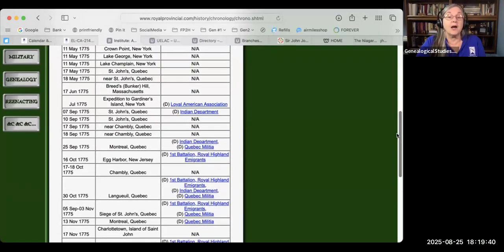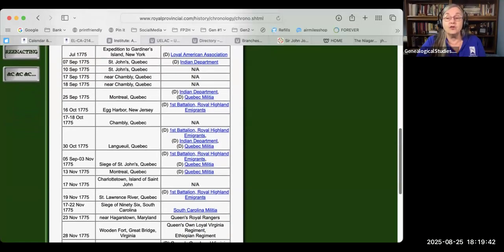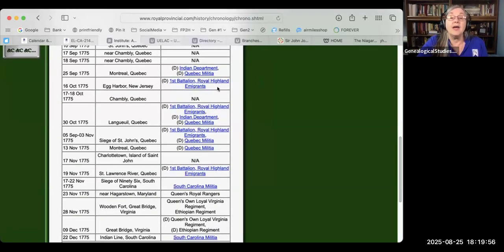This is a good timeline for when you're doing a timeline for your ancestor, of what battles they possibly could have been part of based on their regiment. This is going to help you do that. And each one of these you could click on. So let's just click on one.